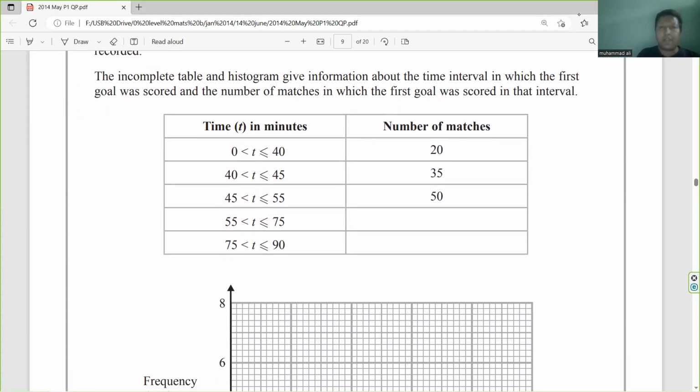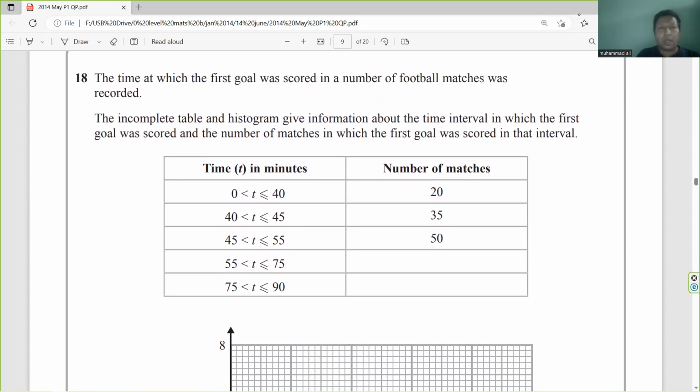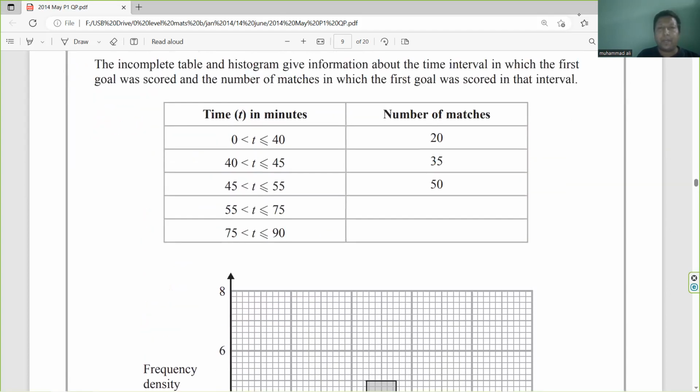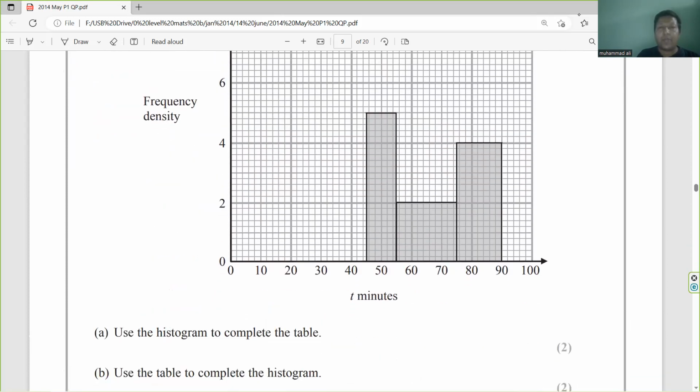So we have to complete this table and also complete the histogram.